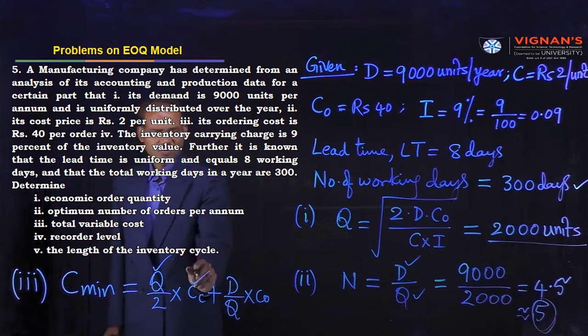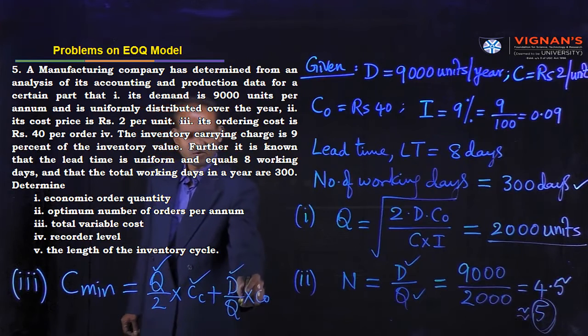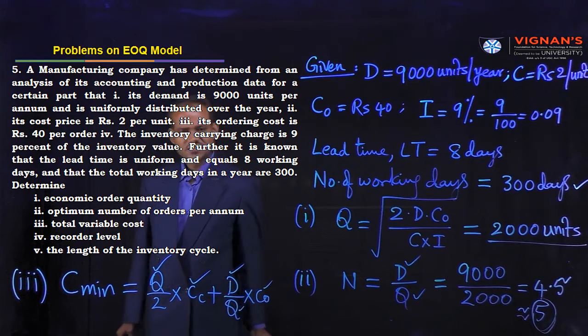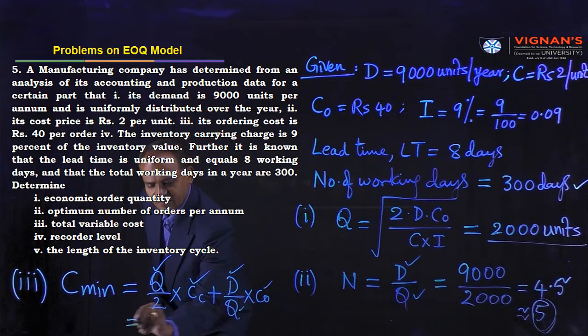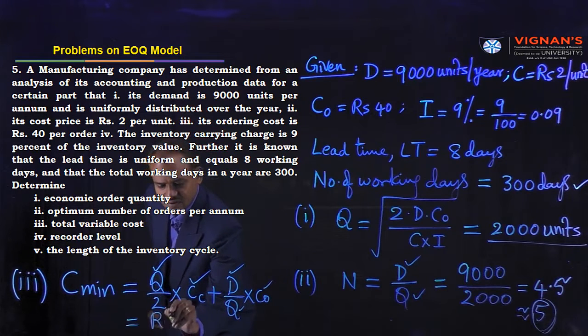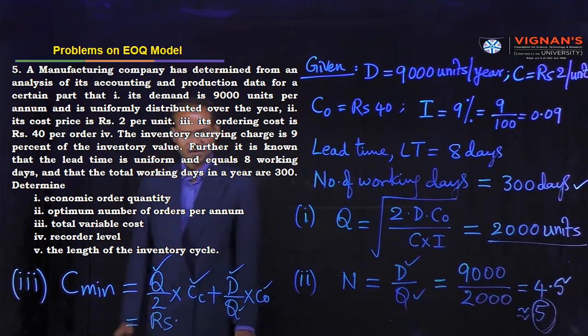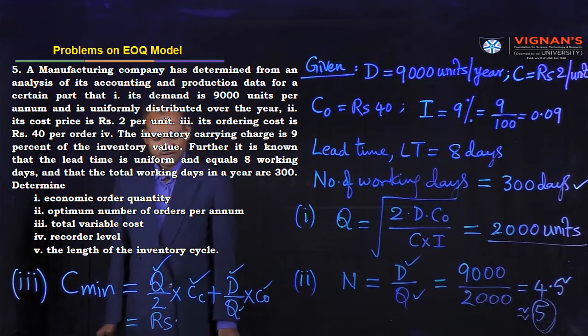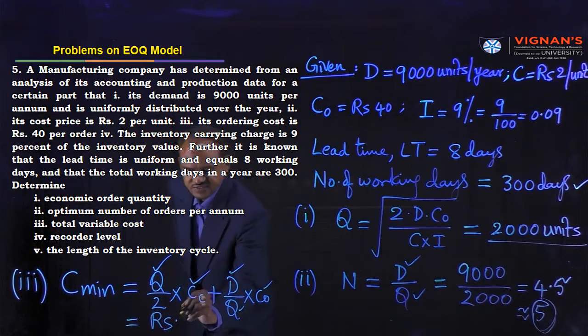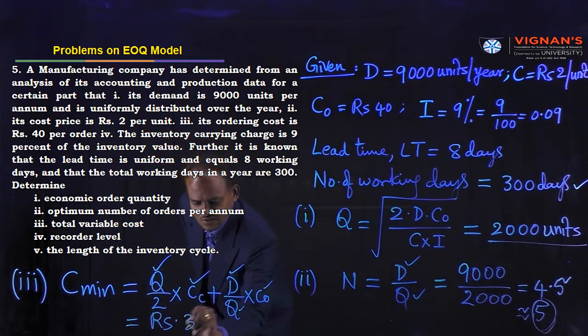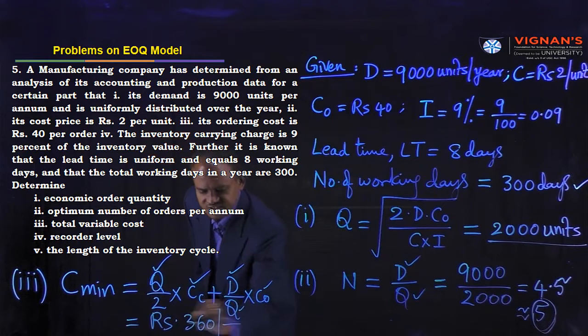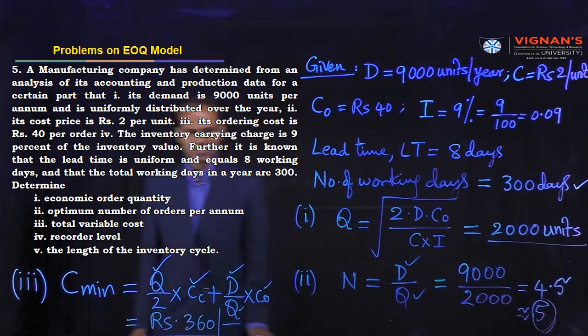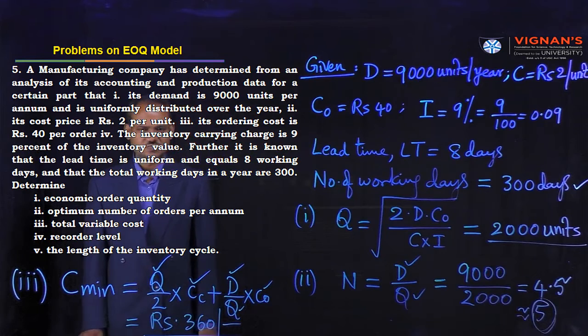After substitution of all the data, you will get C minimum is equal to rupees 360 per annum. 360 is the answer. This is the third question.